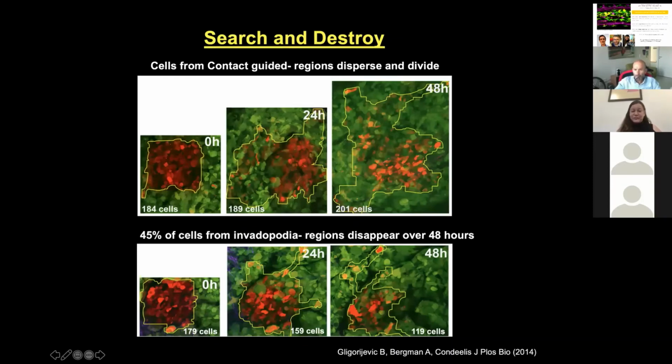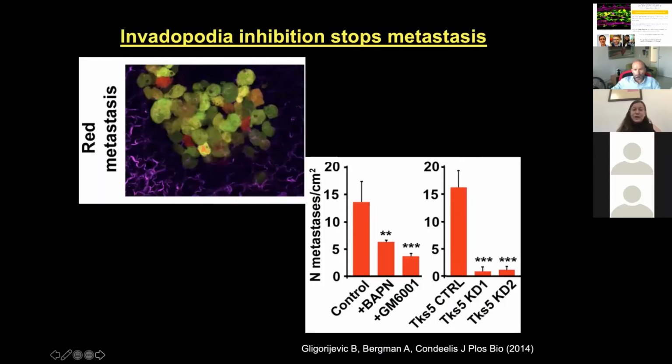So that would be the destroy mode, basement membrane destroy mode, and intravasating mode. So invadopodia is the agent of intravasation, and its inhibition stops metastasis. It doesn't matter how you stop them, by MMP inhibitors, indirectly by cross-linking, or directly by molecularly abolishing TKS5.